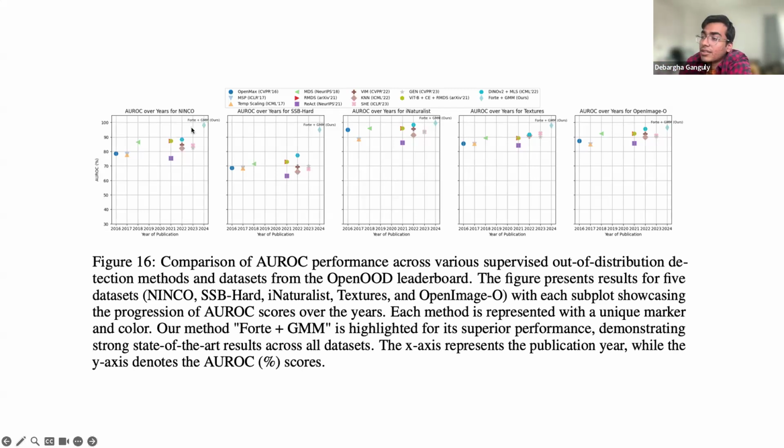So in all of these graphs, you'll see these are all the publications and methods, all ICML, NeurIPS, etc. And this is how the state of the art has evolved over time, right? And you can see in all of these, our technique outperforms everything else, either by a large margin or, if not by a large margin, a small margin, but it outperforms all other known techniques over time.